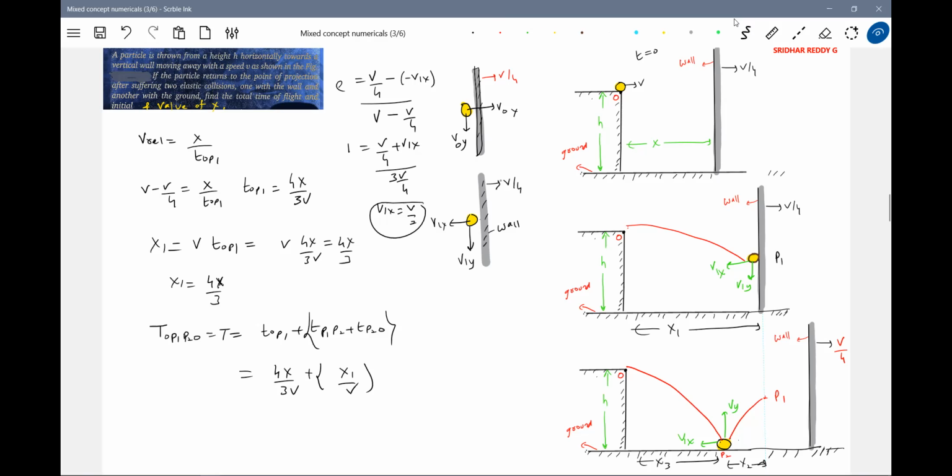Then you substitute the value of x there, you'll get the required answer. Why root? Sorry, root will not be there. I made the correction. So therefore now x equal to v by 4 times t. This will be your answer.